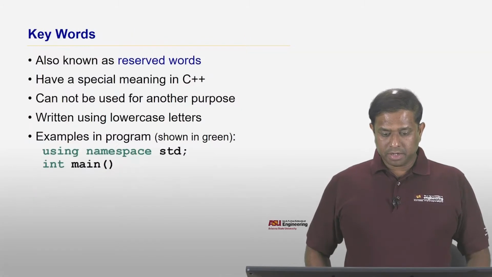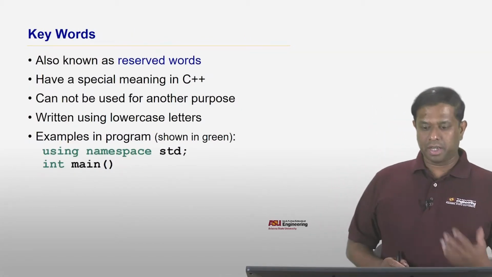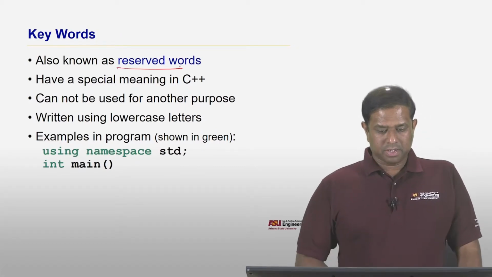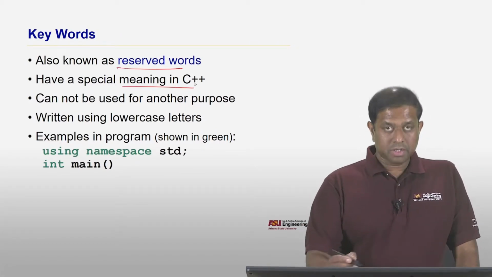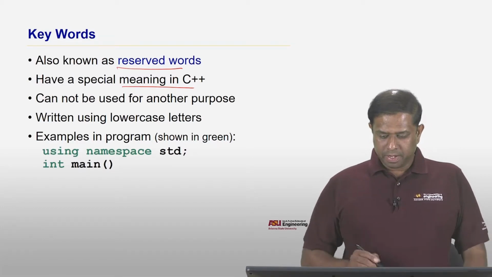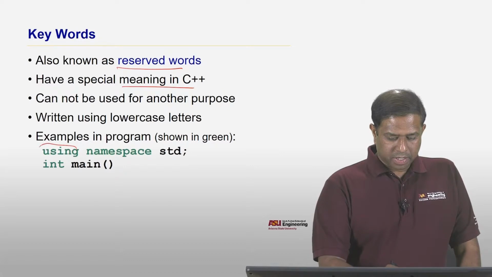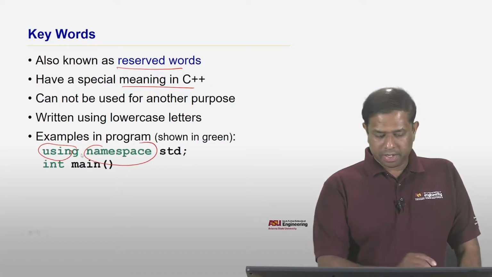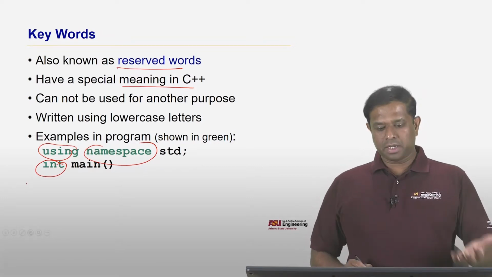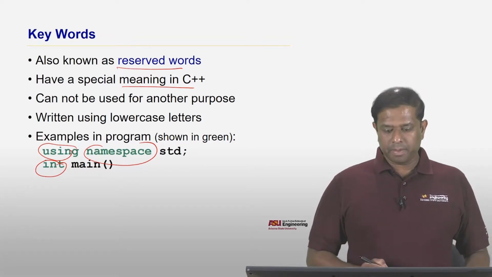So in addition to that, there are keywords associated with the program, so we call them reserved words. They also have a special meaning, so we cannot use them for any other purpose, right? Now in here, the words that are shown in green, like using namespace and int, are special keywords in the C++ programming language, right?